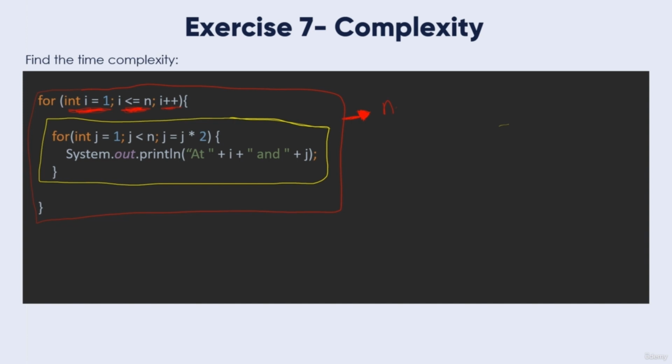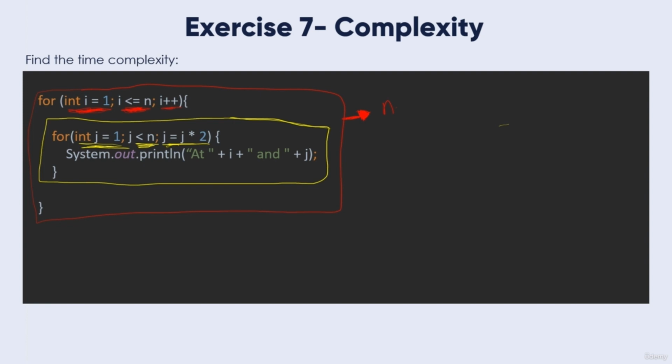Now, this loop contains a system.out.print statement, and it is a constant. But we need to determine the complexity of this loop. It starts from j equal to 1. Please pay attention, guys, with me. j equal to 1 and j less than n, and the increment of j is j times 2. We have solved this type of loop, this type of complexity, in exercise number 5.